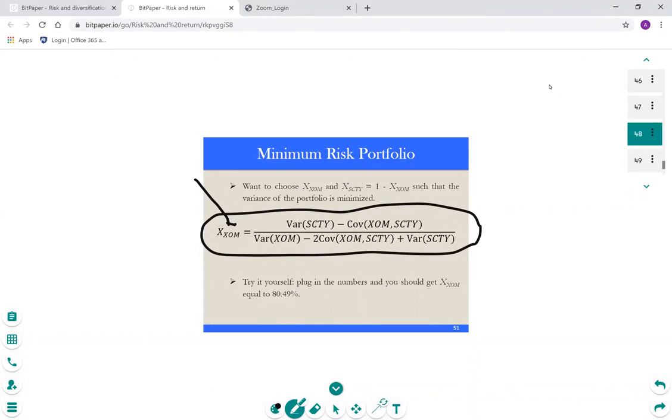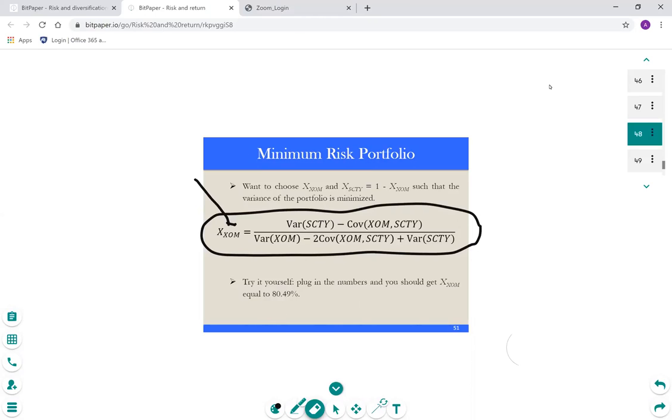You divide all of that by the variance of ExxonMobil minus 2 times the covariance of the two plus the variance of Solar City. There's a derivation of that I have written down. It just comes out of the first order conditions from minimizing the variance of that portfolio by choosing the share. You don't have to derive that yourself, but I can show that derivation too if you want to.